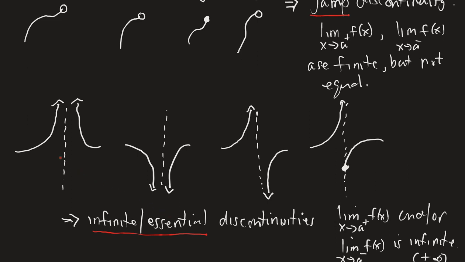And that's where our function, again, goes off to either positive or negative infinity in at least one of the directions from either side. Doesn't have to be both, right? These are the ones that we see a lot. We don't necessarily see these a lot, but these are definitely allowed. All right? So that's the concept behind discontinuity.